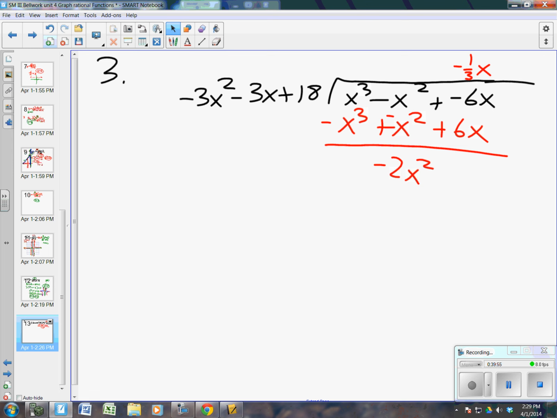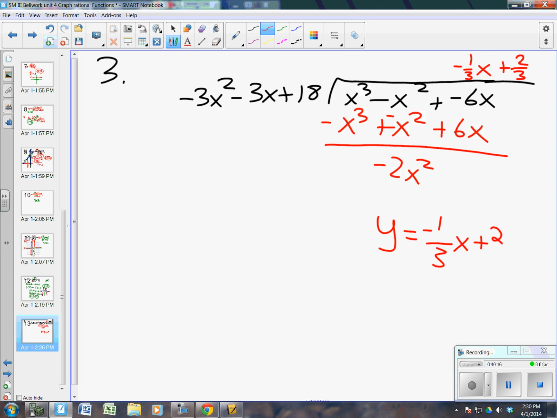So what do I multiply negative 3x squared by to get negative 2x squared again? Just 2/3. 2/3 times negative 3x squared is going to give you negative 2x squared. So this is all I need. So y equals negative 1/3 x plus 2/3 is the equation of my slant asymptote.